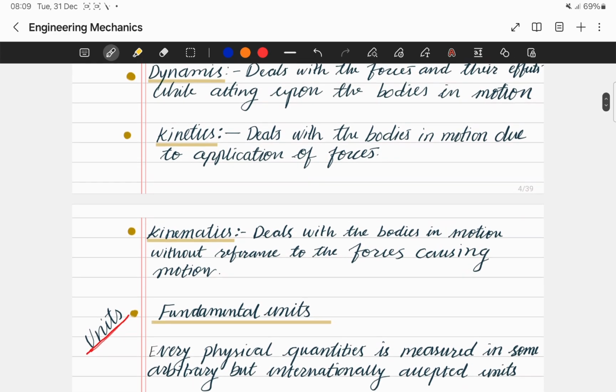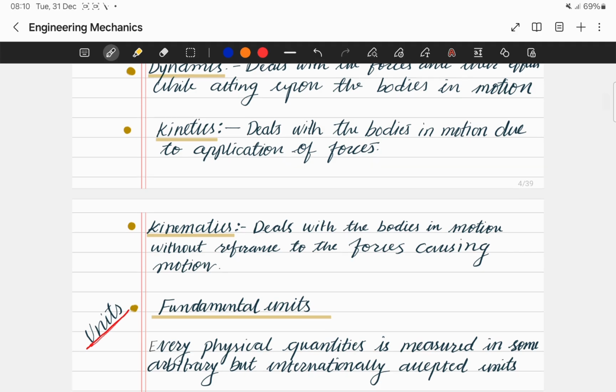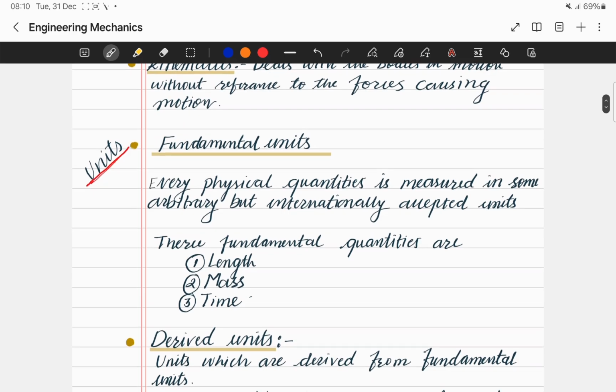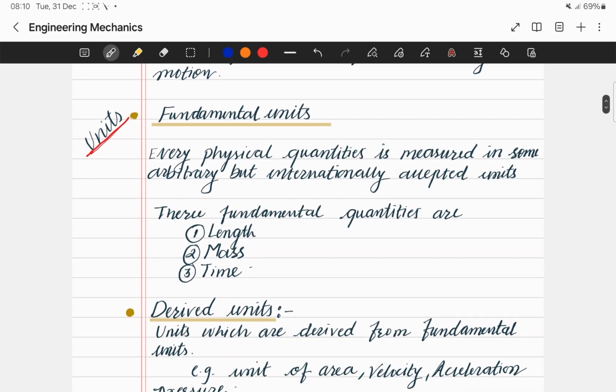So this is all about how engineering mechanics is subdivided and how it is applied to engineering problems. Now we will consider the fundamental units.